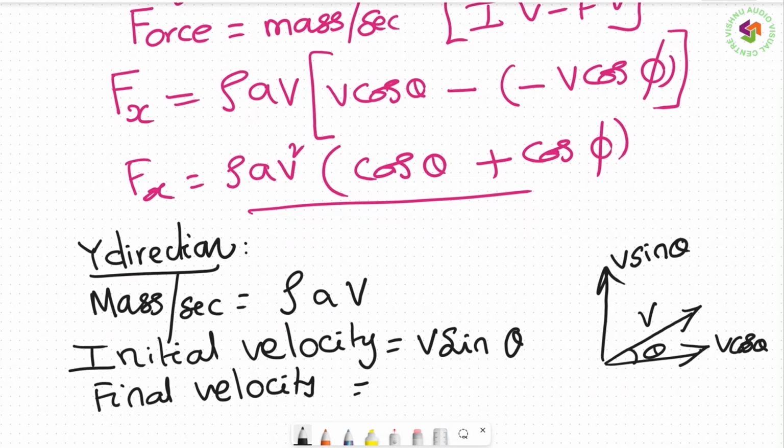Final velocity is the velocity with which the jet leaves the vane. So again I will tell you how it is leaving, this is how it is leaving. So this angle is phi. Now this we have written as V cos phi. So naturally this is V sin phi.